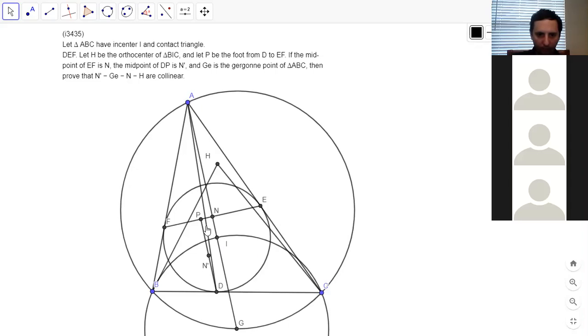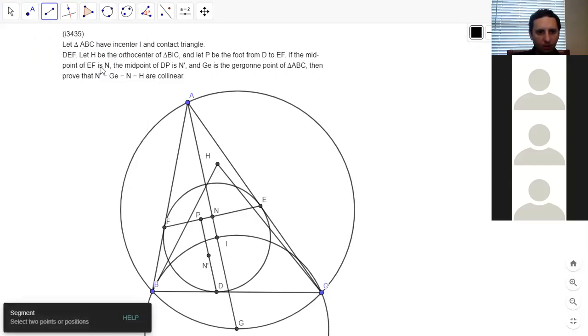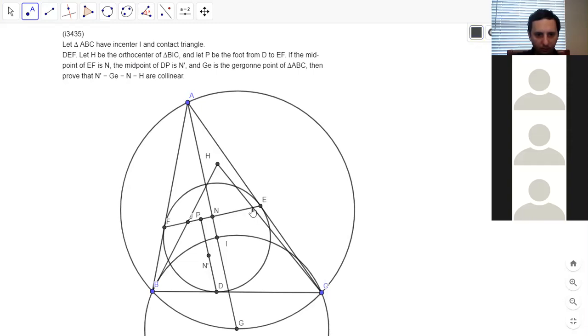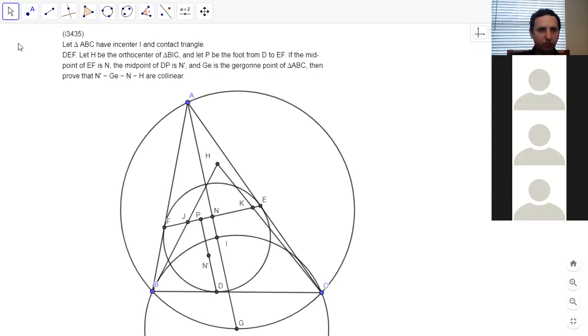Sorry, I'm just trying to... Okay. So you wanted me to label these two points, right? And also draw segments CJ and BK. Yes.